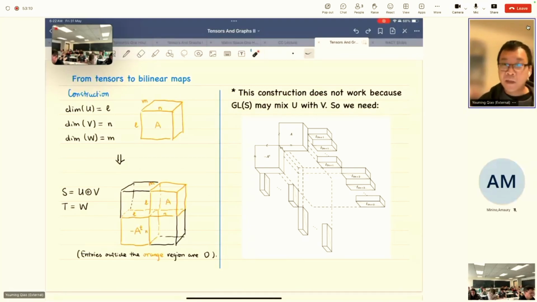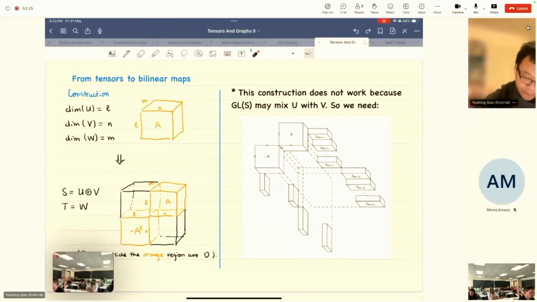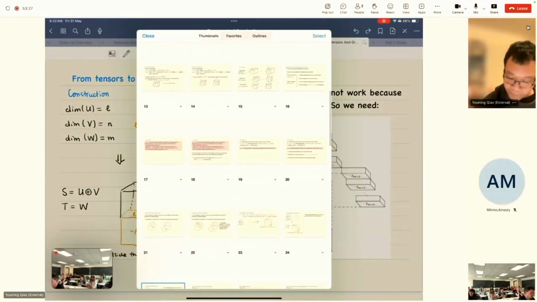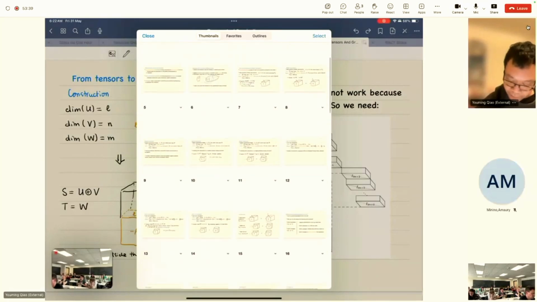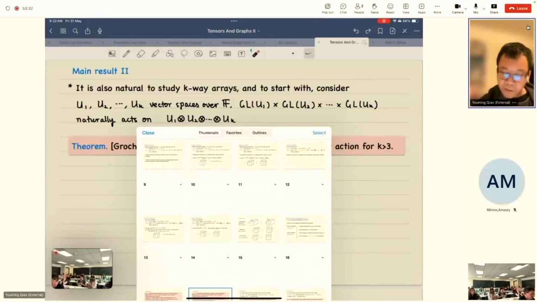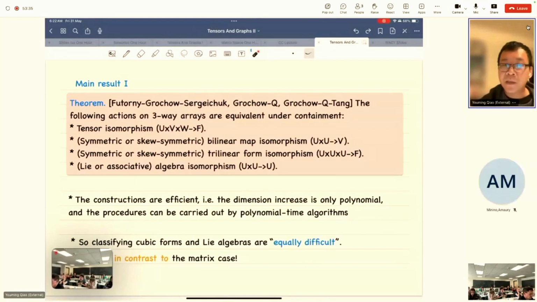Okay, so that's what I want to talk about regarding TensorISO. On the TensorISO side, the main message is that TensorISO isomorphism is equivalent to several natural isomorphism problems for algebraic structures.